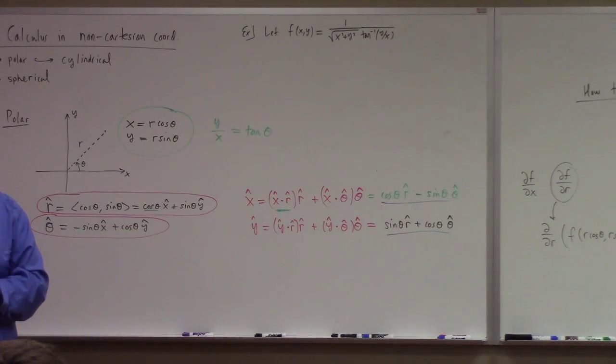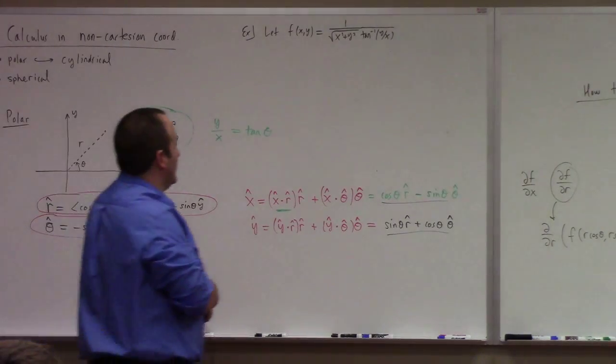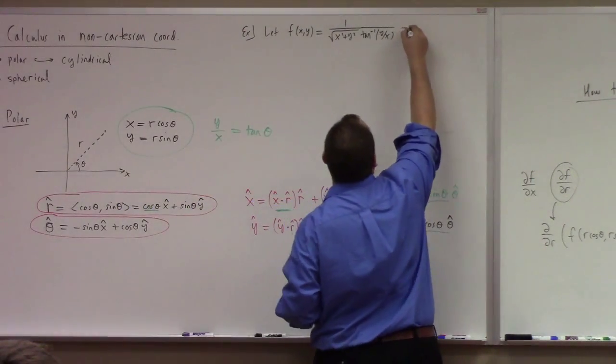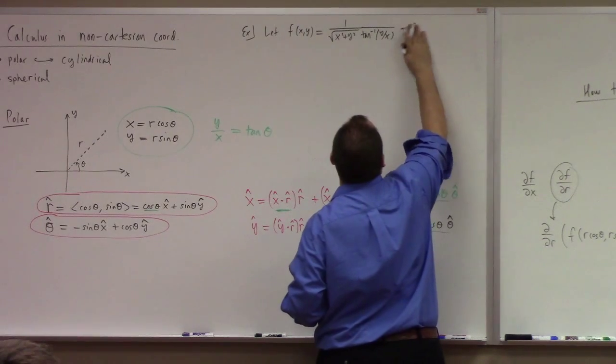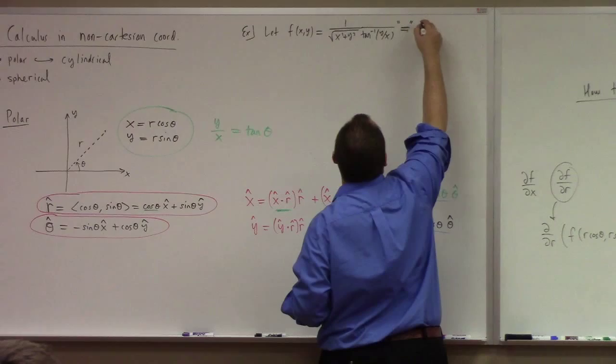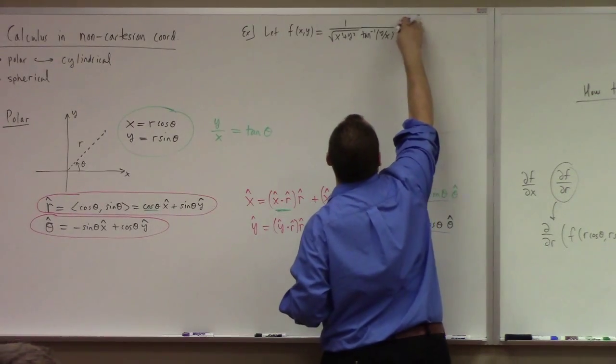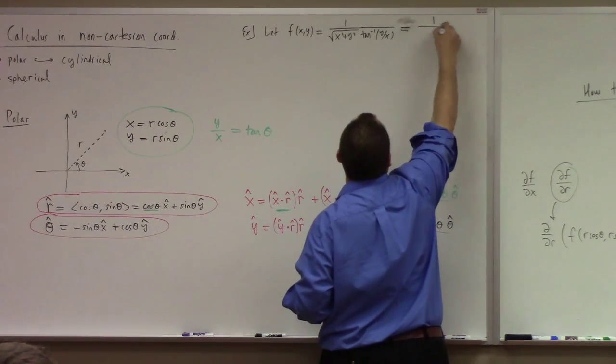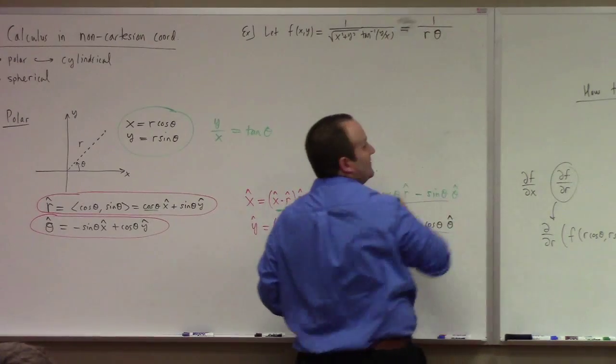Now, for those of you who are so foolish as to attack this problem in Cartesian coordinates, woe to you. Because as you can see, the differentiation in Cartesian coordinates is quite awful. Right? But in polar coordinates, this stupid thing is just, if you'll forgive this abuse of notation, 1 over r theta.